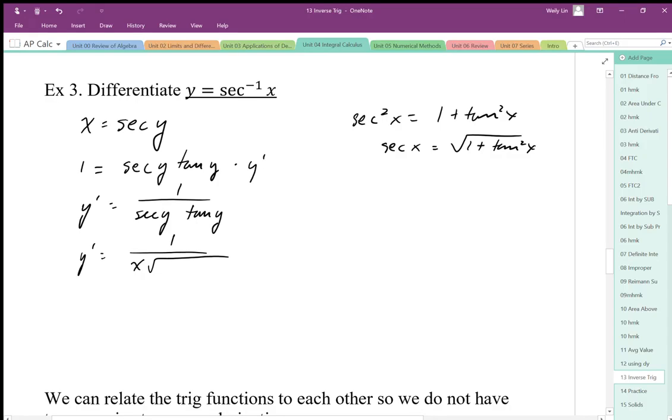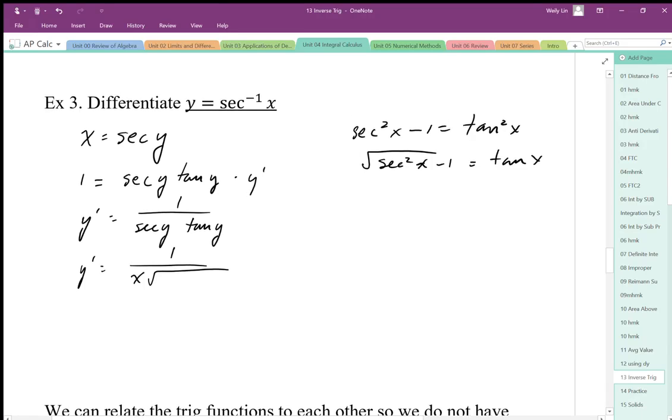Oh, sorry, we're going to switch that around, aren't we? Sorry, my mistake. So we're going to say that tan squared is going to be equal to that. So secant squared x minus 1 equals tan x.